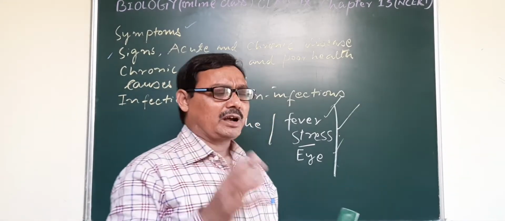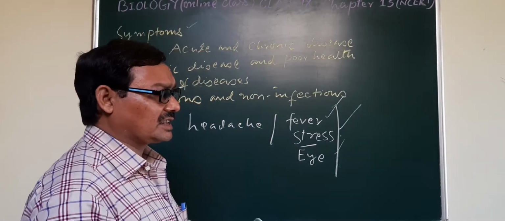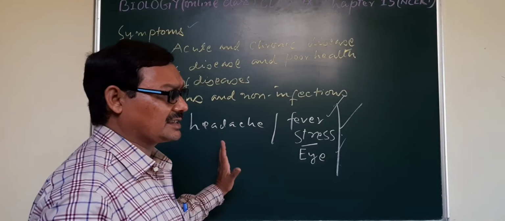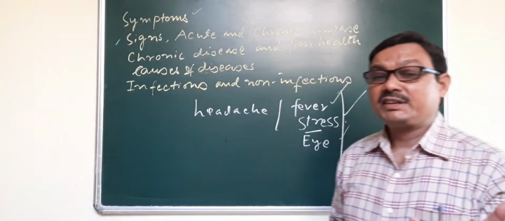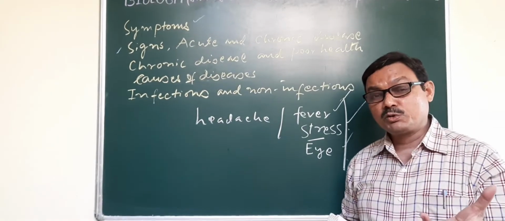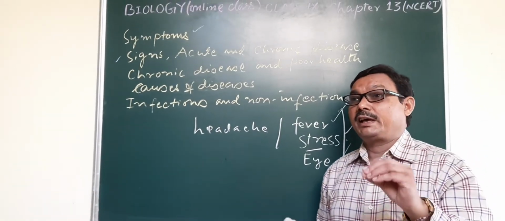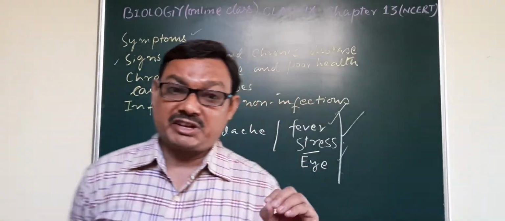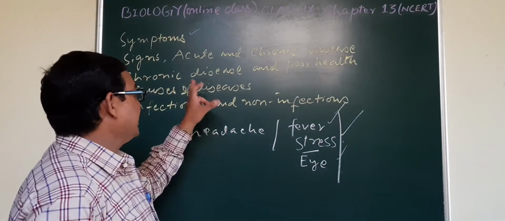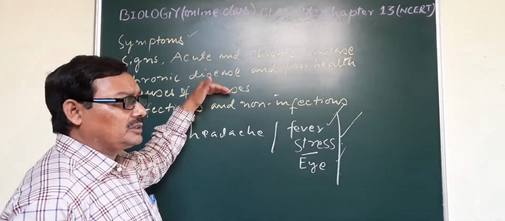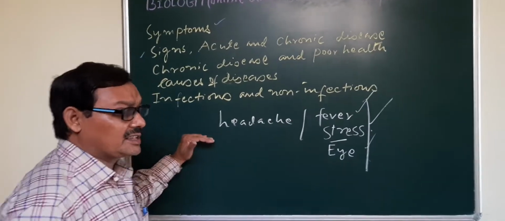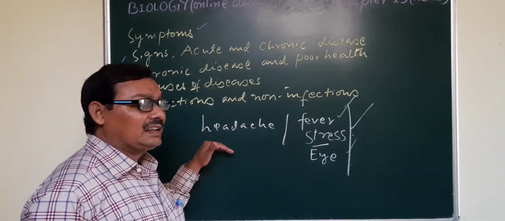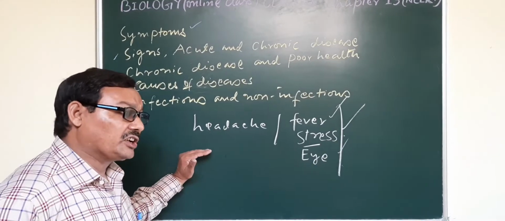In the last class I gave you an example, a baby who is suffering from loose motion. Why is the baby suffering? Because of a viral infection, and that virus is the immediate cause. And why did the baby suffer from that virus? Because of unclean or contaminated drinking water.